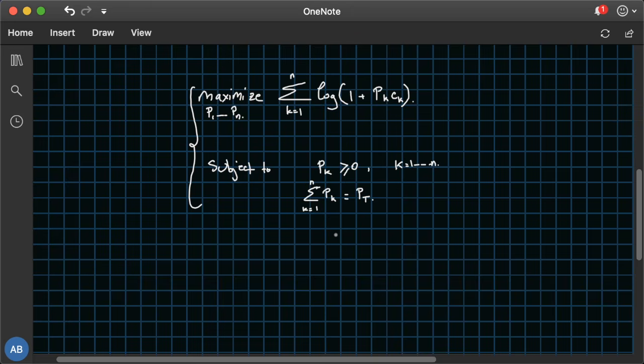This is the total power budget that you have. Now, in some references, you will find instead of this equal, a less than or equal, right? But keep in mind that the more power you pump in, the higher capacity you achieve, right? So this inequality is usually replaced by an equality, right?